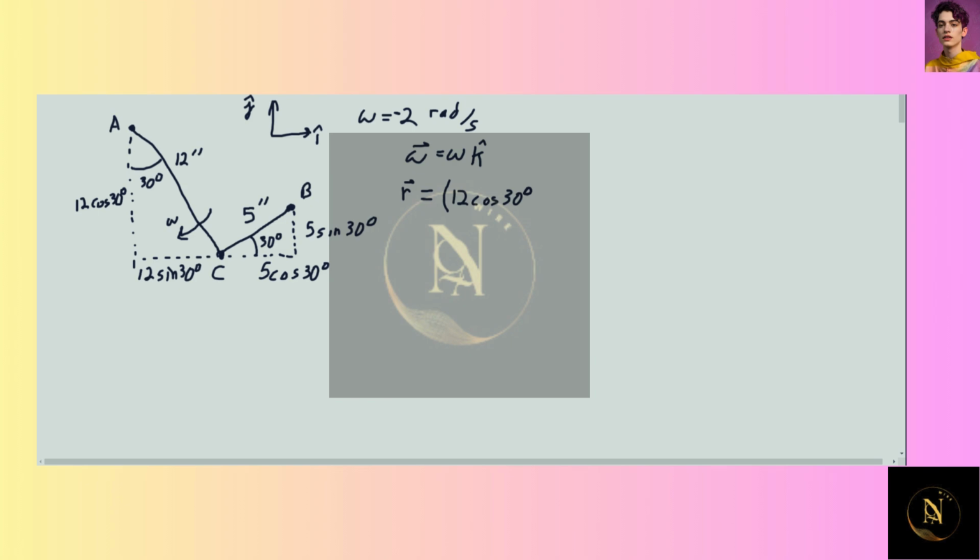Excuse me, I wrote a j hat part here. So let me actually write this in red then. We'll get an i hat part, which will be 12 times the sine of 30 degrees, and then plus 5 times the cosine of 30 degrees.